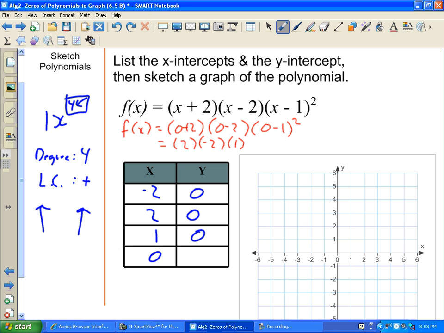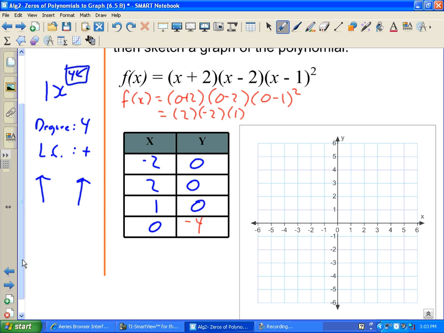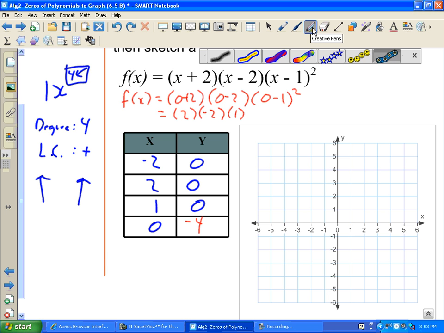So that means my y-intercept will be at 0, negative 4. A lot of information given for free on this problem. Just want to hit graphing on that, so let's go ahead and use daisies.